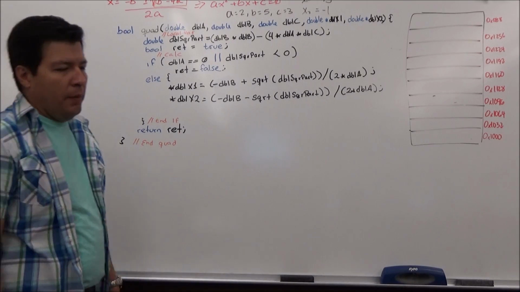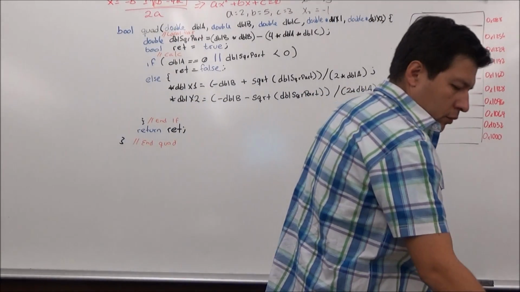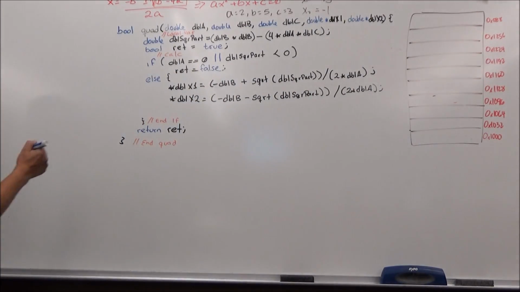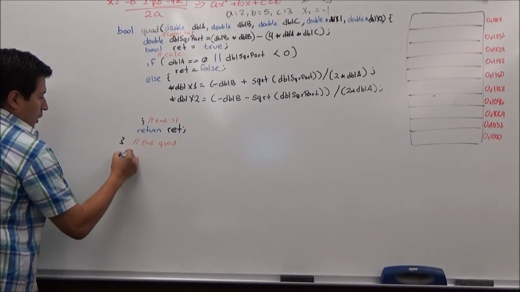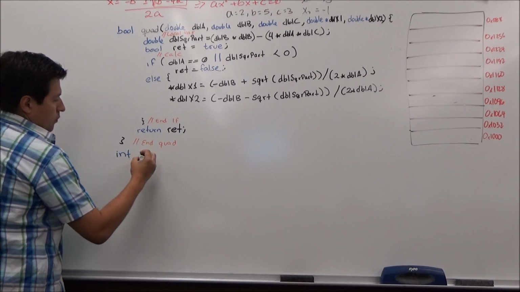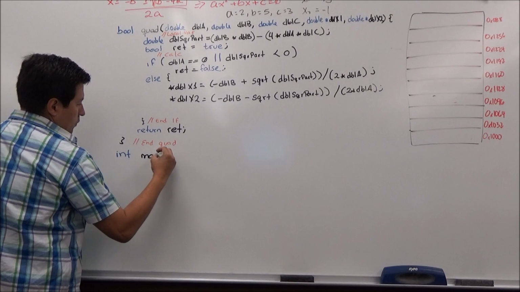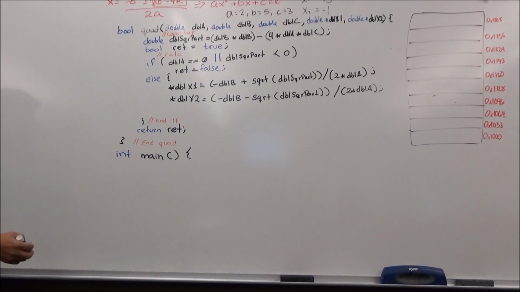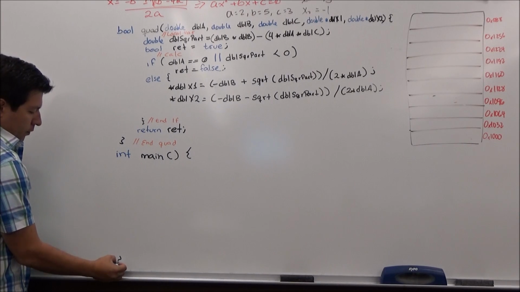If you enter those values, that's what you will expect. So, in my main, I'm gonna run out of space here. So in my main, I have an int main. And you will ask the user all those things.